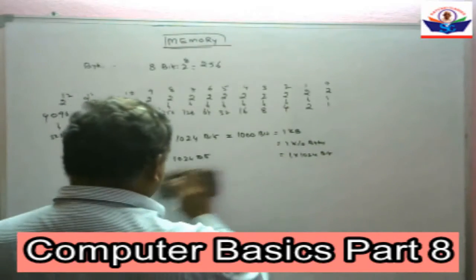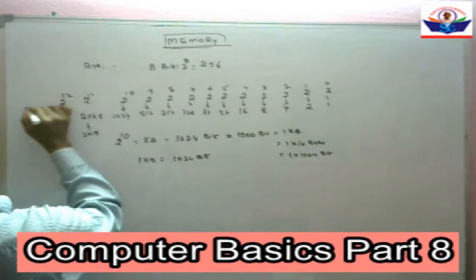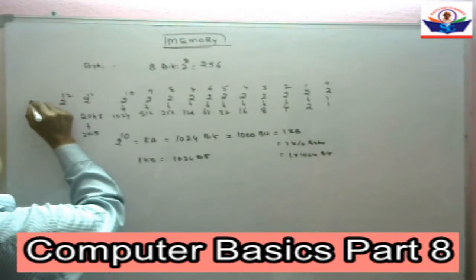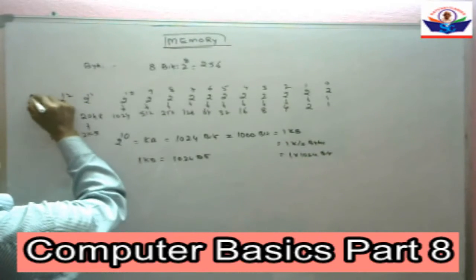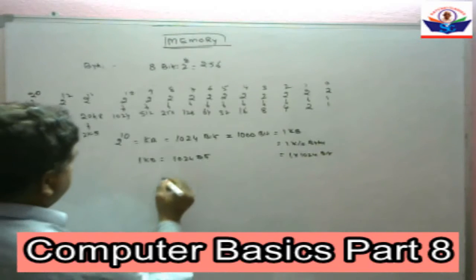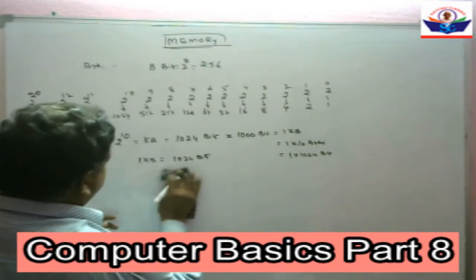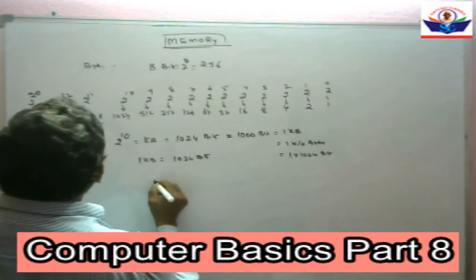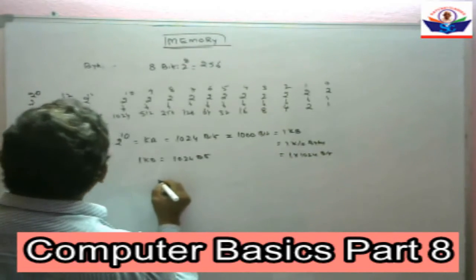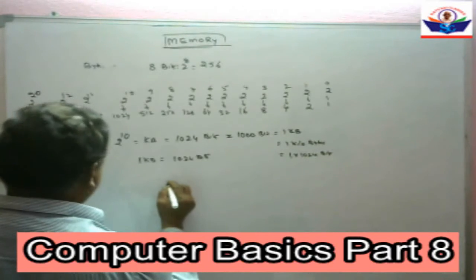Now, 2 to the power of 20. That means 1024 times 1024. How many KBs, or how many bytes?